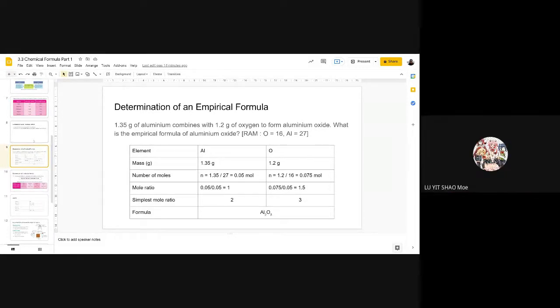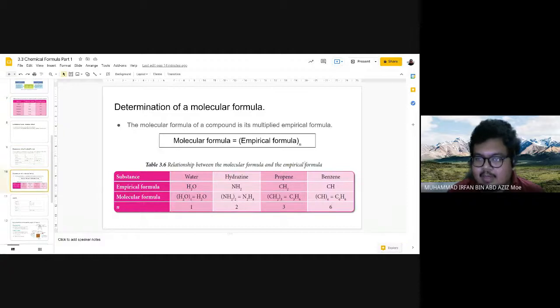And because the relationship between molecular and empirical formula, the molecular formula is equal to empirical formula times by n. N ni maksudnya the ratio lah. Kalau contohnya macam dalam bawah ni, n 1, 2, 3 or 6. It can be any number but must be whole number. 1, 2, 3, 4, 5, 6, 7, 8, 9, 10. It cannot be 1.5, 2.5, 3.5. Must be in a whole number.